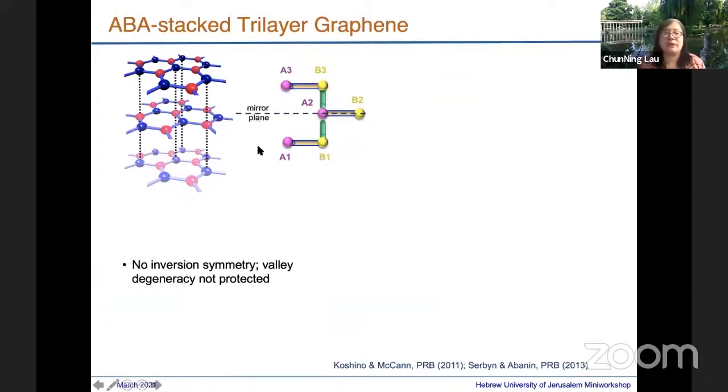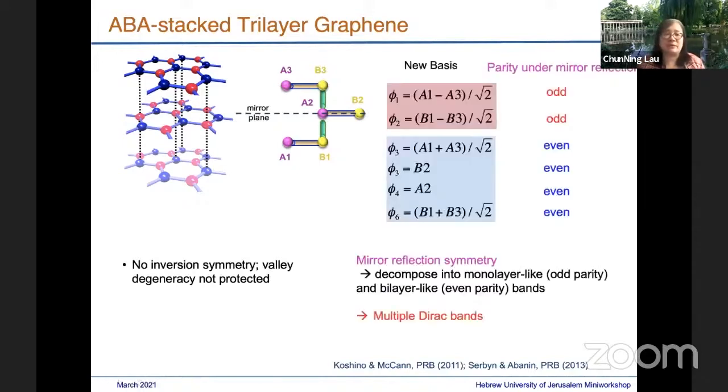Okay, so we can take a quick look at ABA stacked trilayer graphene. Here we're showing a unit cell, you can imagine it's a side view of the lattice. We can see that it has a mirror plane. It does not have inversion symmetry, but it does have mirror reflection symmetry. So we can decompose this lattice using a new basis, from work by Koshino and McCann. We can decompose it into two bands.